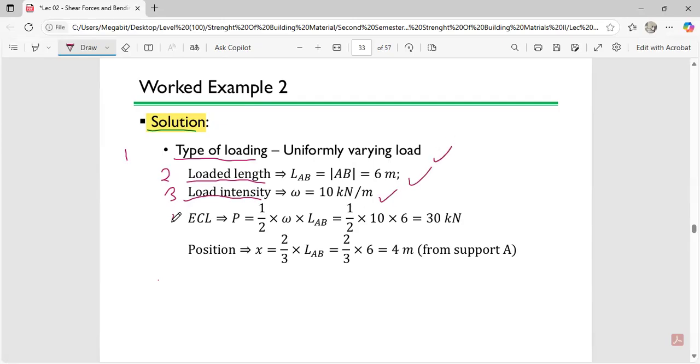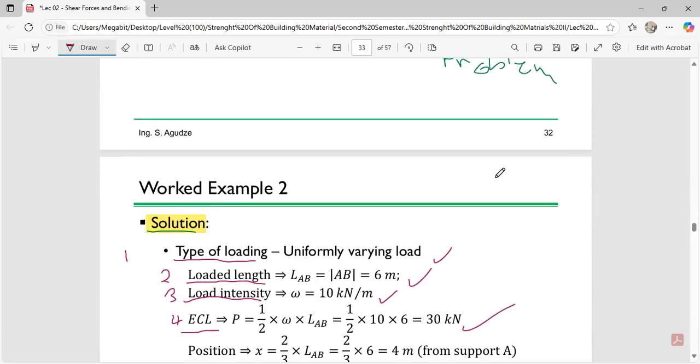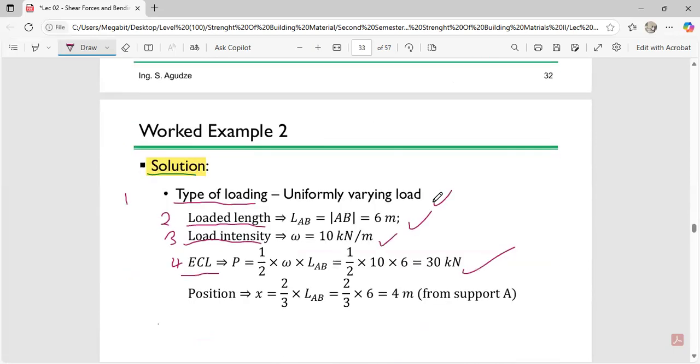Then in our step four, we're going to calculate for our ECL. Because this is a triangle, we calculate for it as we are calculating for the area of a triangle. And it's just equal to half times W times the span. So you can see that over here, you're multiplying half times 10 times 6, giving us 30 kilonewton.